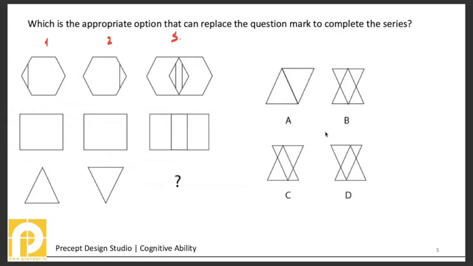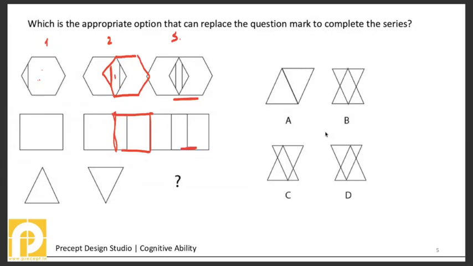When you mirror the first figure and place it right beside the second figure in this manner, like this, and then of course this line will come, which is there. We mirror our first figure and place it here. At that point in time we'll get this final third figure. The same applies with this one also, where you place it here and then you get the final third figure as it is.